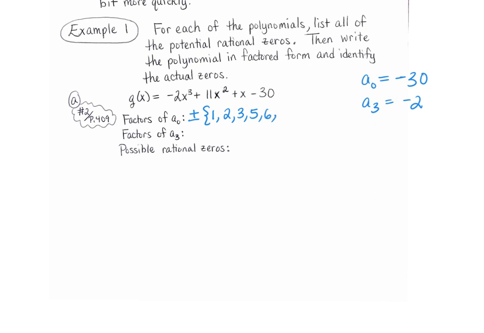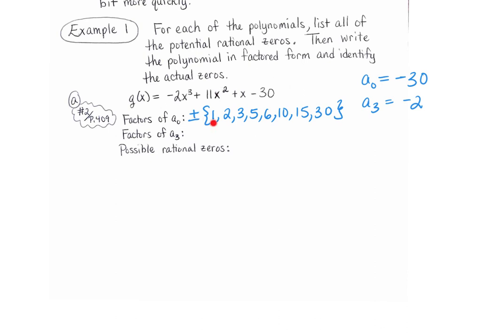What other numbers? 10. Good. 30. Good. That's it. So note that you have plus or minus, and then you list the set of all those numbers. We have the plus or minus because you can have positive or negative, right?